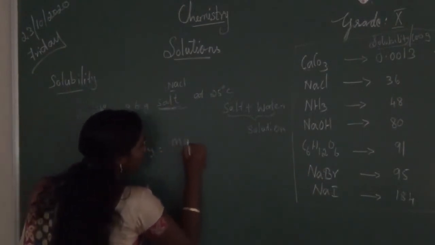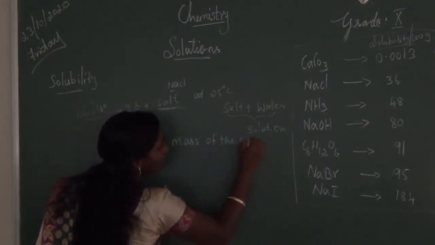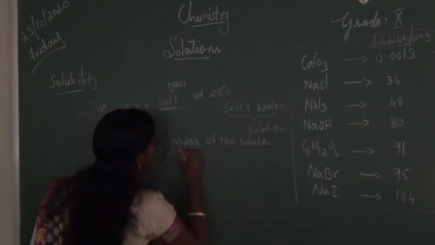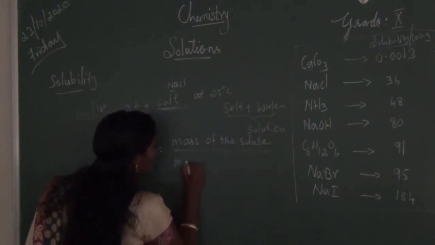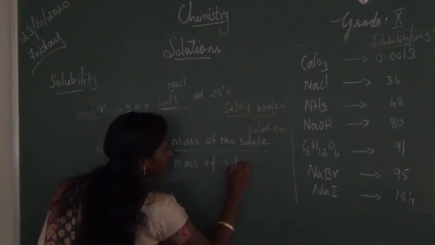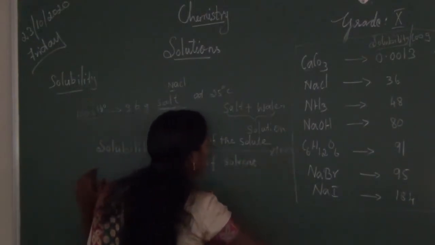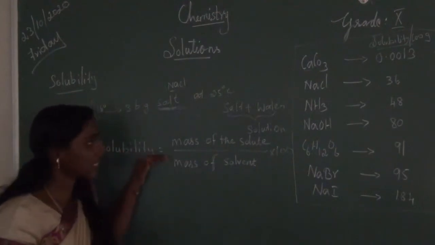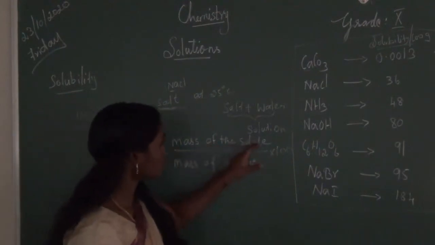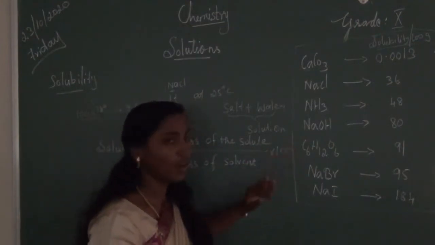Solubility is equal to mass of the solute divided by mass of the solvent, into 100. Solubility is equal to mass of the solute divided by mass of the solvent into 100.